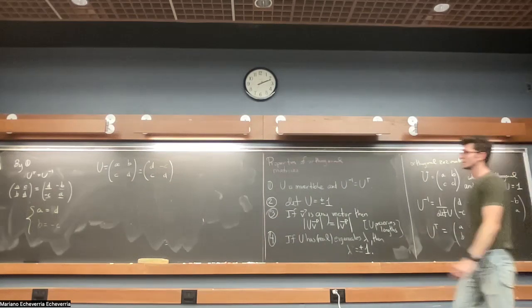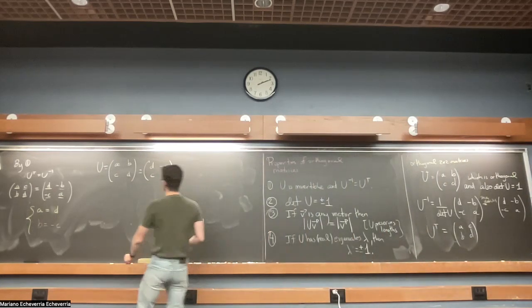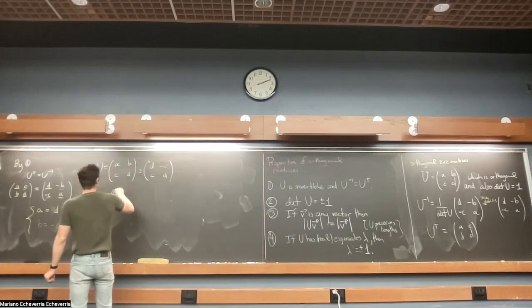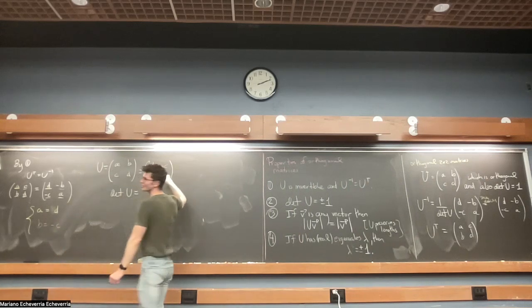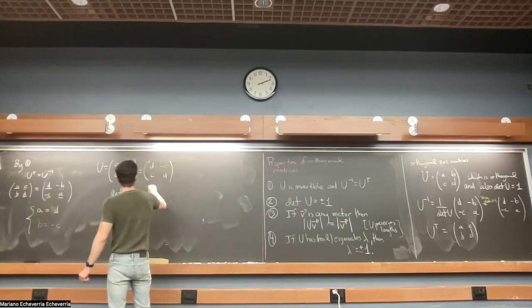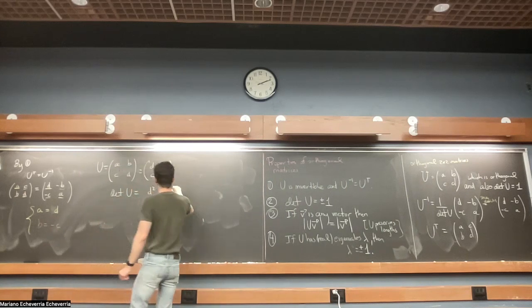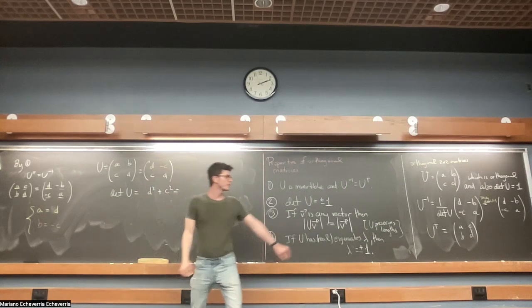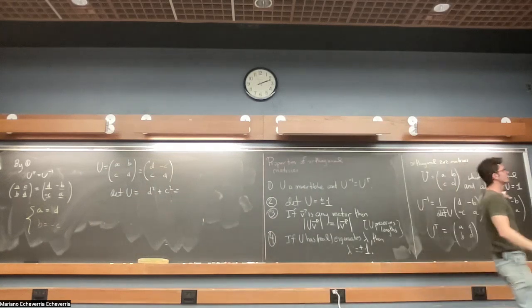It constrains what the orthogonal matrix has to look like, but there's something else you can say. Well, the determinant of U from this formula is D squared plus C squared, right? But that should be equal to 1 because we're under the assumption that the determinant of this matrix is 1.